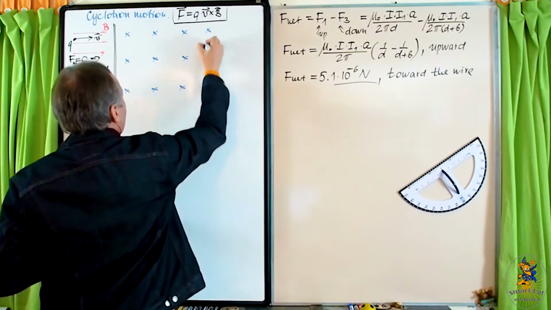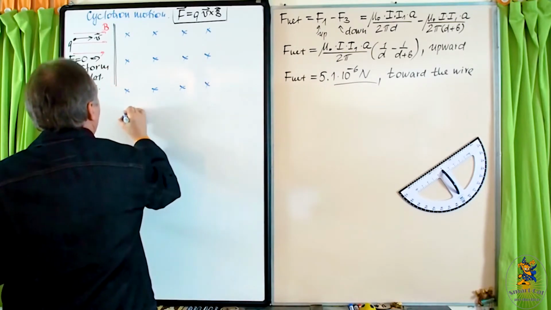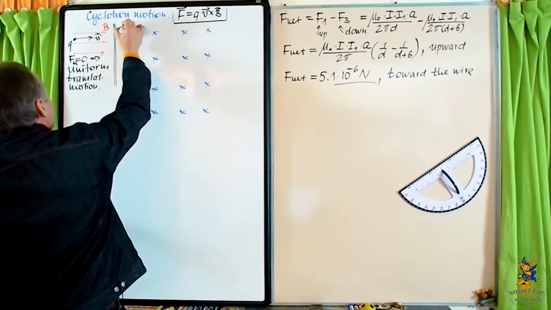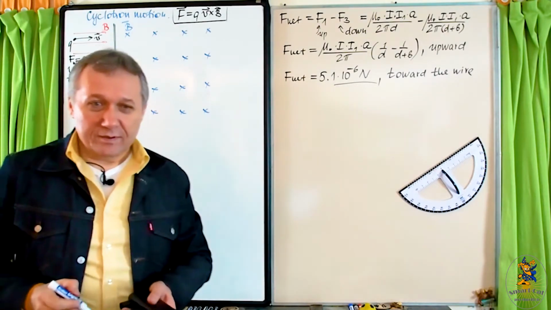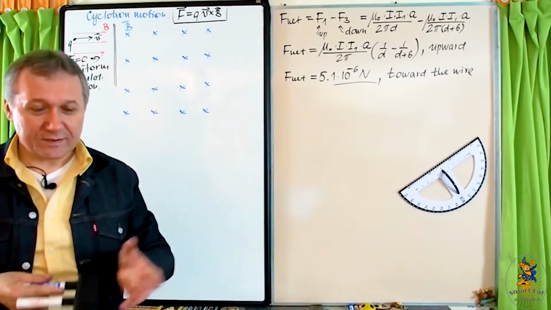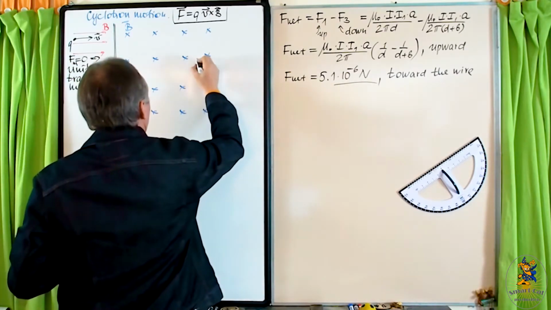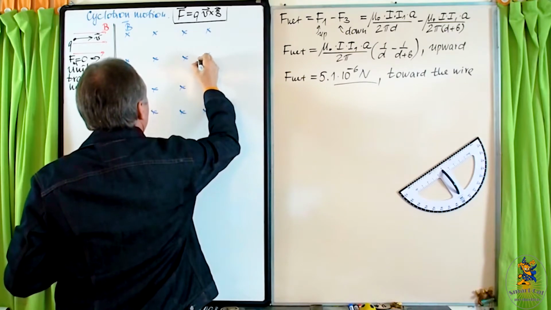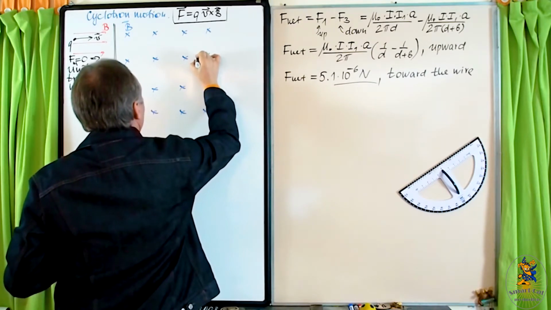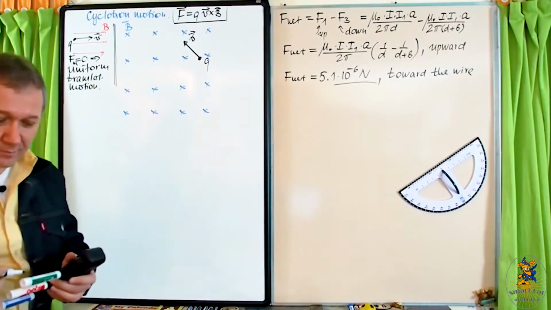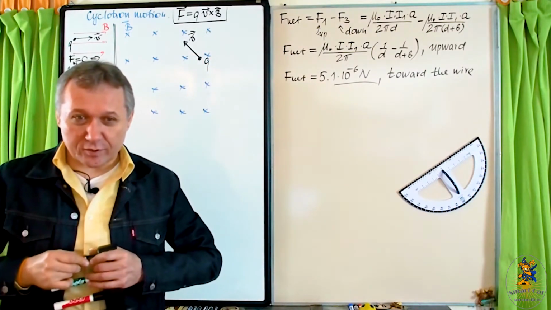Maybe I will add an additional line, so these are magnetic field lines showing our magnetic field. And now let's assume that we have some charged particle Q, which flies with velocity V. And now we want to discuss this motion.